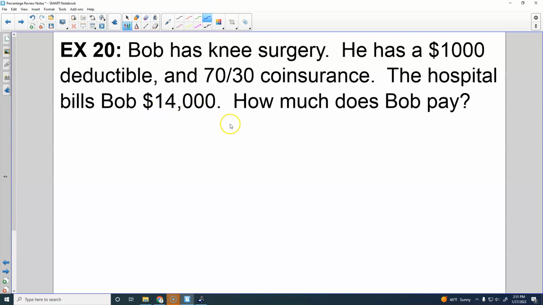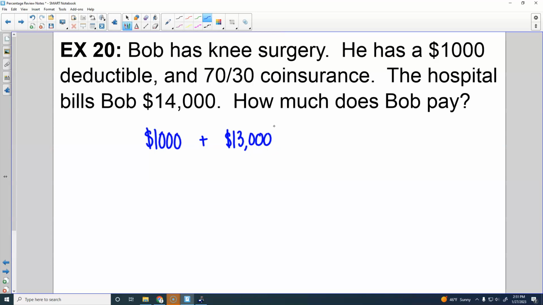So he had to pay $1,000 of that, right? So he paid $1,000 of his own money. Okay? But then how much does that leave that's left? $13,000. So the $13,000 insurance starts to kick in at that point.